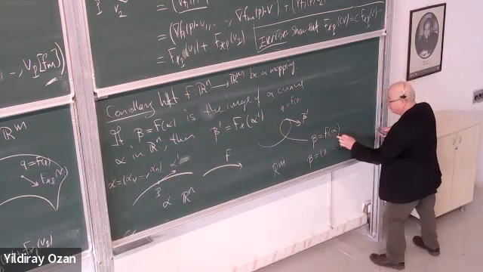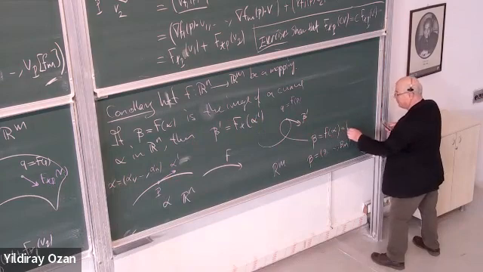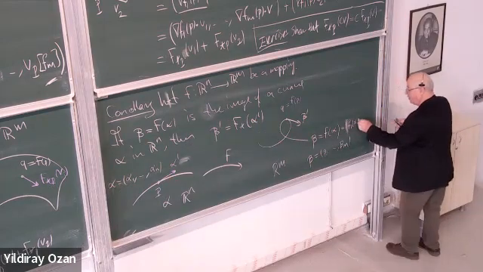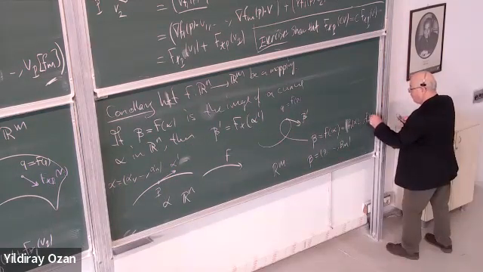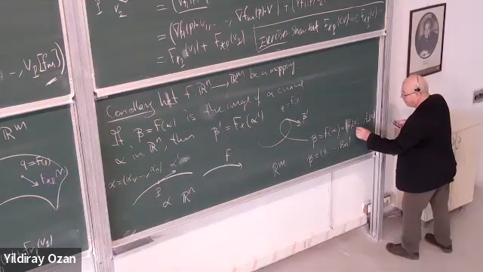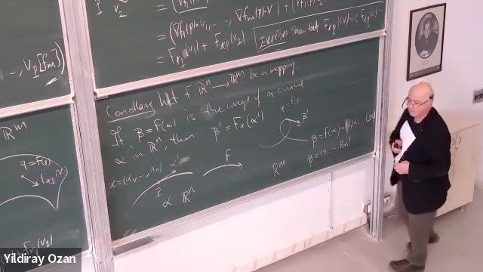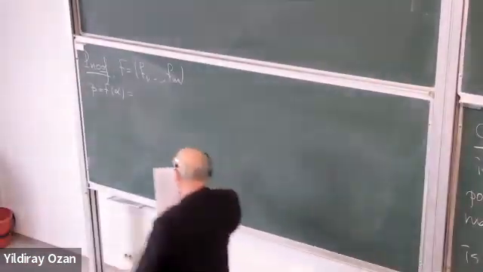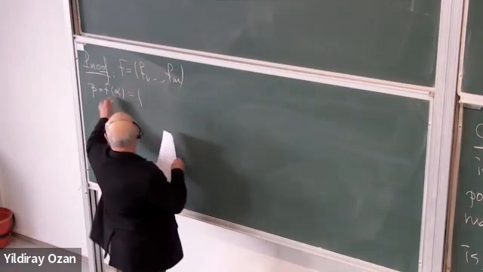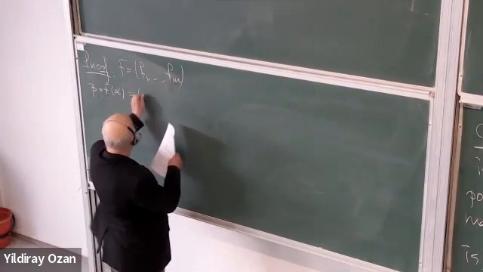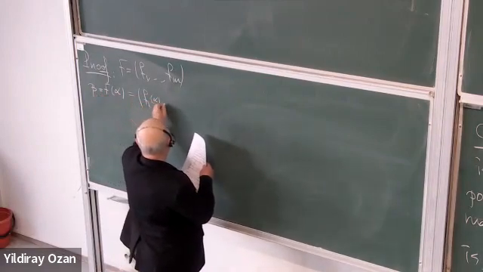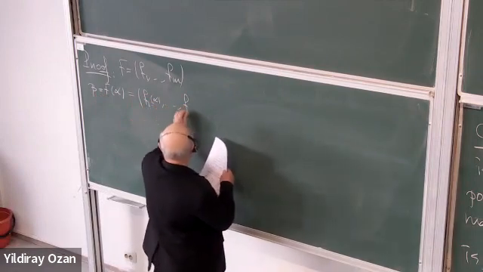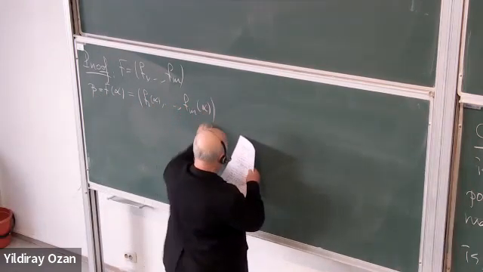But what are the coordinates of this? f is just f1 of alpha, up to fm of alpha. So the beta i's are just fi of alpha. So the coordinates of beta are just f1 of alpha, f2 of alpha, up to fm of alpha.